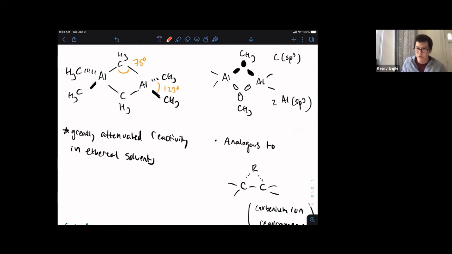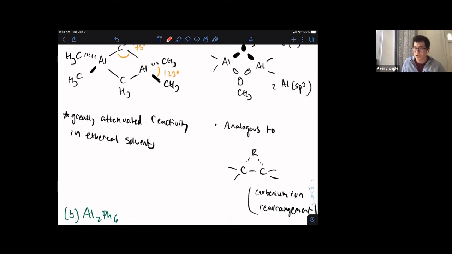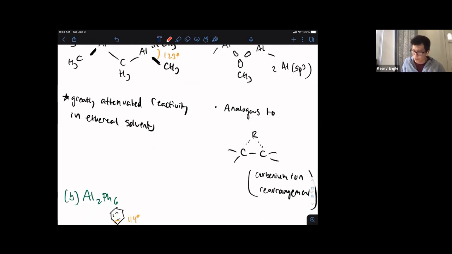And so in terms of just the overall bonding picture of this 3-center 2-electron bond, you can think of this as being isostructural to a carbenium, an intermediate or transition state, depending on your perspective, of a carbenium ion rearrangement, like a 1,2 alkyl shift.